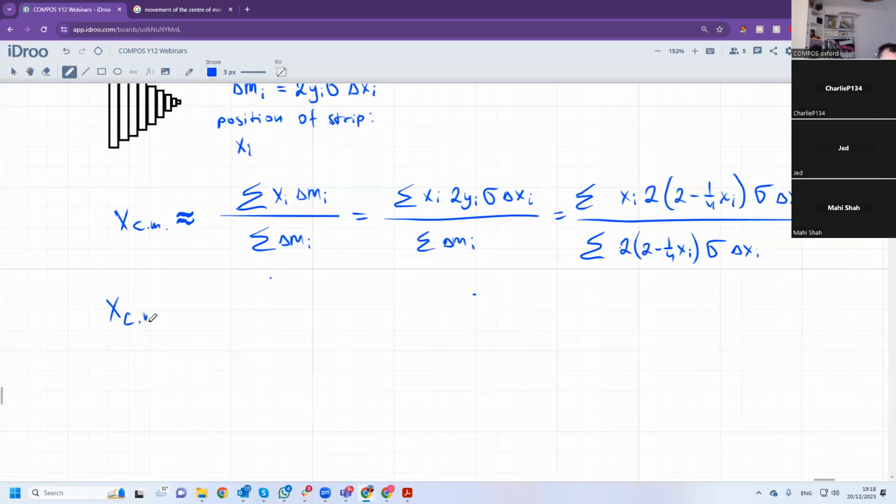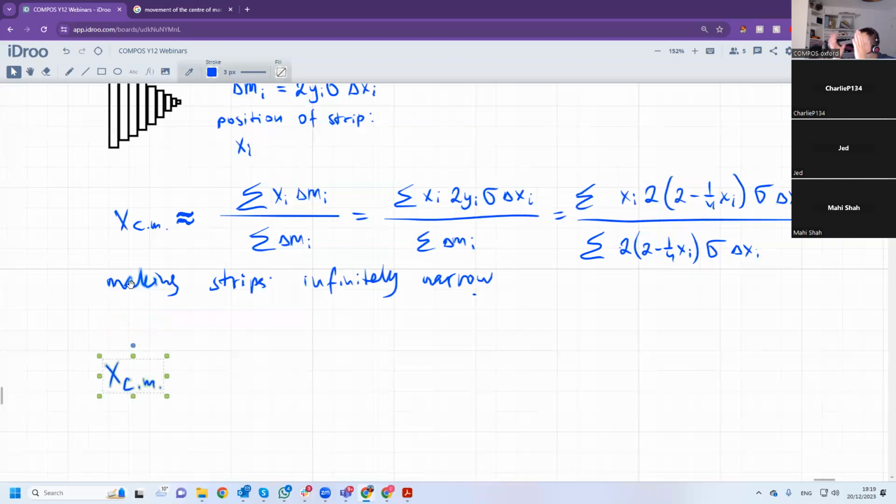So for the x center of mass, what we need to do is make the width of the strips progressively narrower. We need to make them infinitely narrow, in fact. If we make them infinitely narrow, we get closer and closer to the true area, because the narrower the strips are, the closer we are to a true triangle.